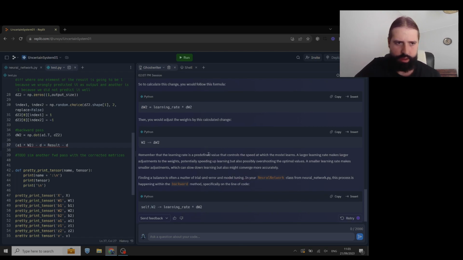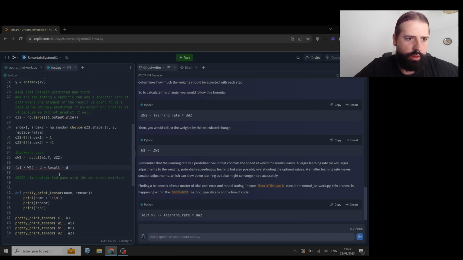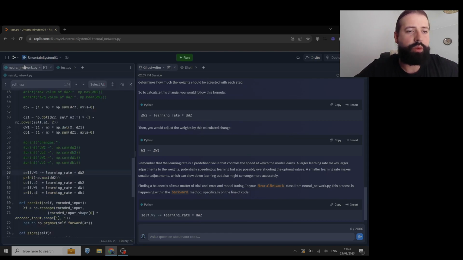That is the main issue here. It's dZ2, of course. It's not dW2. It's dZ2. So we need to actually compute dW2, right?